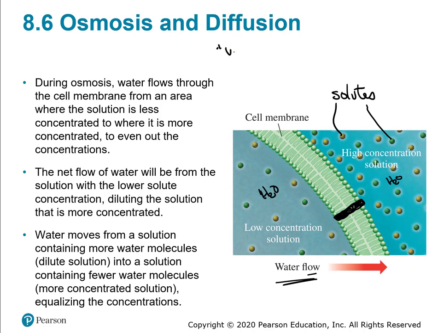So that term, water always follows the salt: if you have a high salt condition in one area, water's going to try to move in to dilute it, which means it goes from high concentration to low concentration of water. Okay, just another way of looking at it.